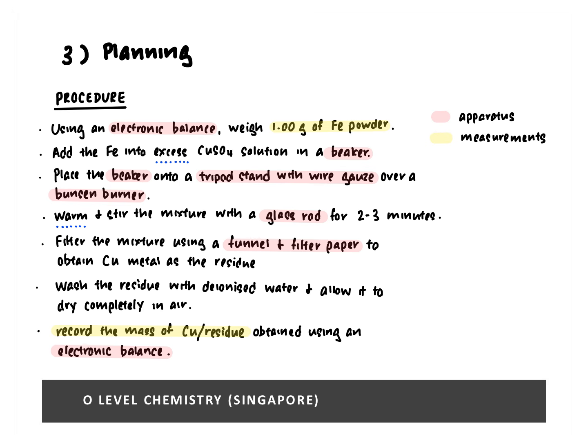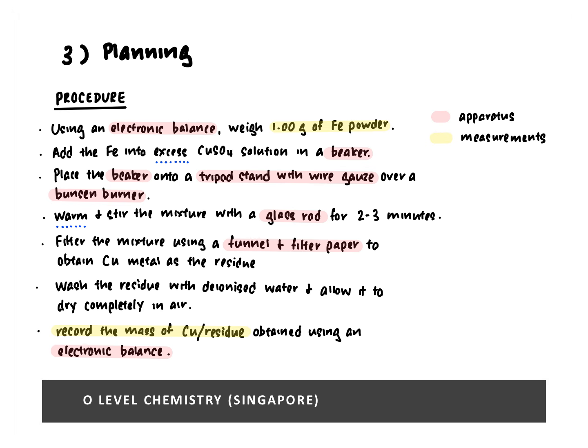And then you add it into copper 2 sulfate solution in a beaker. You need to warm it over a Bunsen burner and you need to stir it for 2 to 3 minutes. Filter the mixture to obtain copper metal as the residue. Wash and dry the copper metal, and then lastly record the mass of copper obtained.